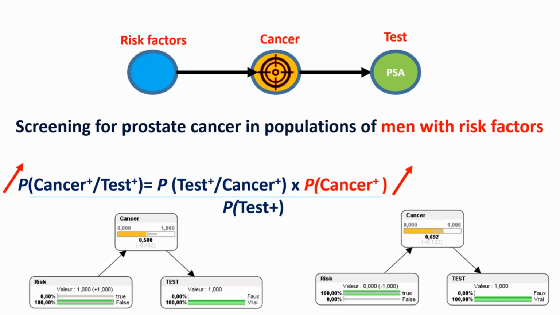It is clear that in this situation, the increase of risk with a causal factor increases the prevalence of the disease and increases the predictive value of the test, here, prostate-specific testing.